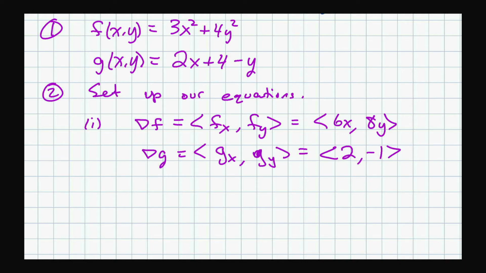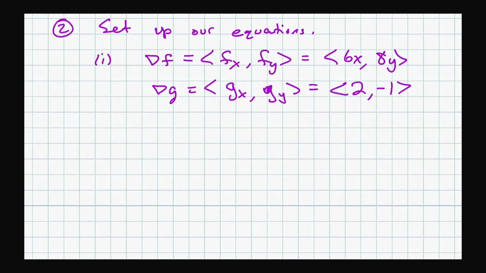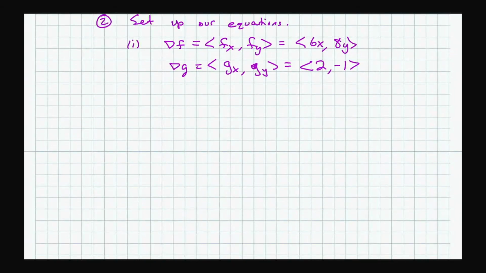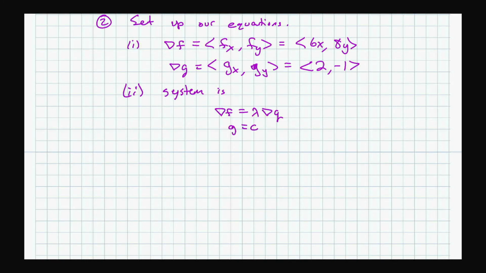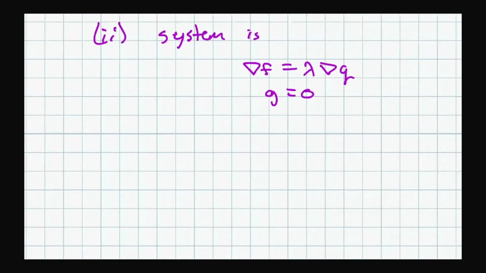And then from there, your system of equations is going to be this: gradient f equals lambda gradient g, and then also you have g equals 0, right? Those are the two things you have. So we write it out.